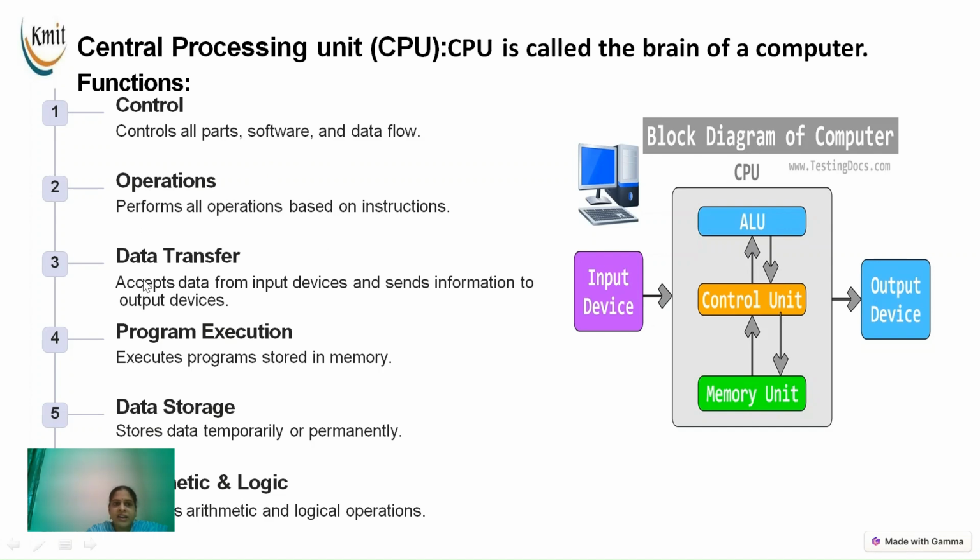It accepts the data from input devices as well as sends the information to the output devices, which is data transfer. As a part of program execution, it executes the programs which are stored in the memory. As a part of data storage, it stores the data whether temporarily or permanently. And the arithmetic logic unit performs arithmetic and logical operations. These are the main functions of your CPU.